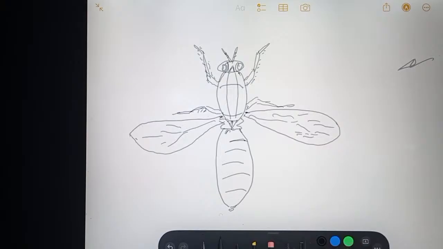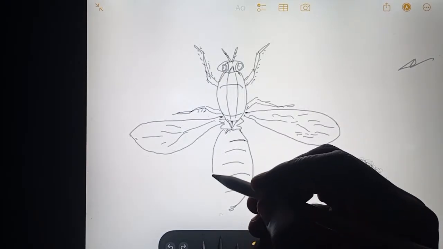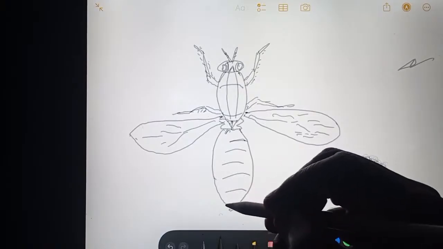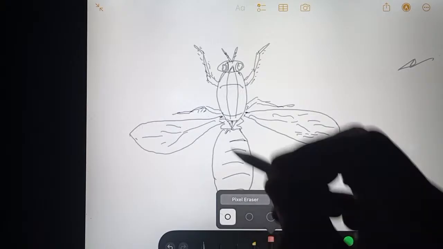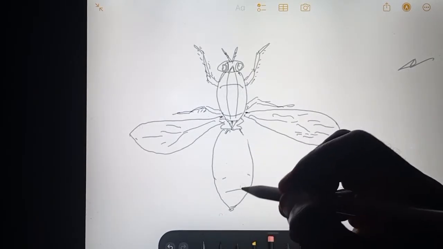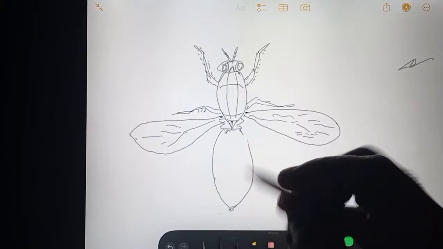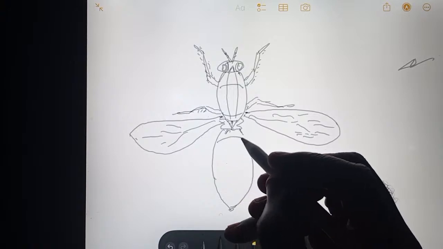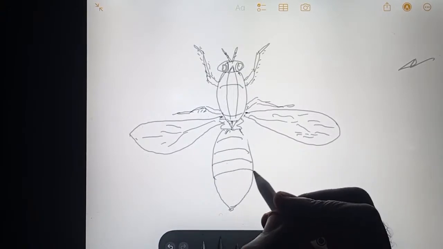Make sure that your drawing is at least similar to what you are expected to draw. So this is my segmentation. It's not majestic, so I need to still do it the majestic way. Remember to ask your questions, please.